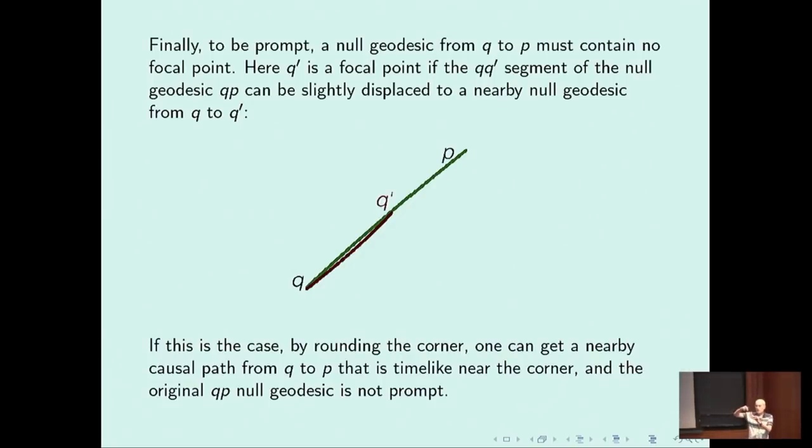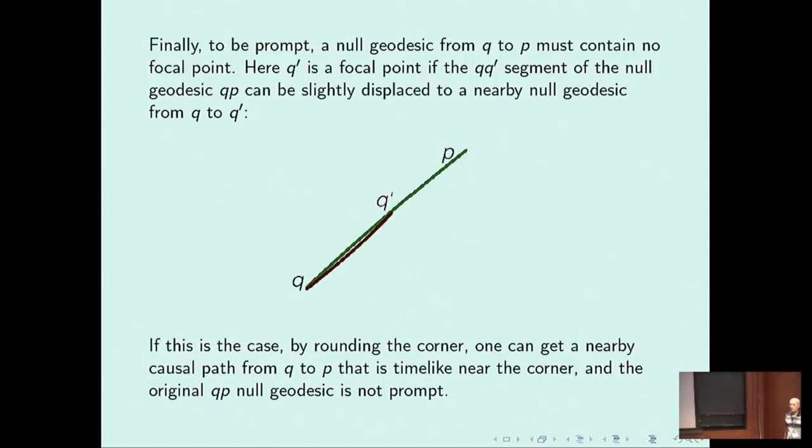In Minkowski space, if you have two points null separated, there's no natural measure of the distance between them, because up to a Lorentz Poincare transformation, any two null separated points can be mapped to any other two. So there can't be a natural measure of distance along null geodesics. So we don't say we're minimizing or maximizing anything. Instead, we say there's no focal point.